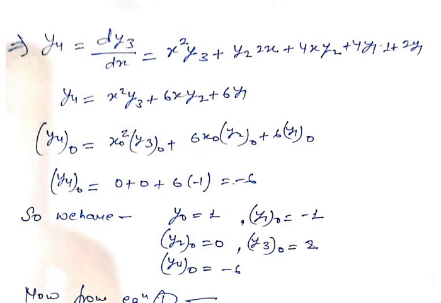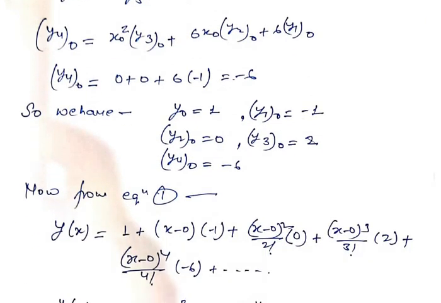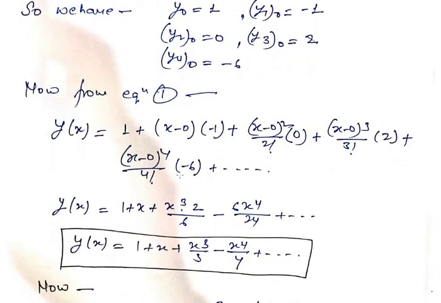So we know y1 at 0, y2 at 0, y3 at 0 and y4 at 0, and among these 4 derivatives 3 values are non-zero, and these are as y0 is equals to 1, y1 at 0 is equals to -1, y2 at 0 is equals to 0, y3 at 0 is equals to 2, y4 at 0 is equals to minus 6.